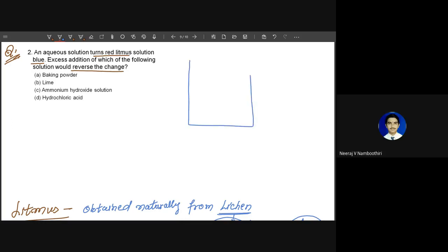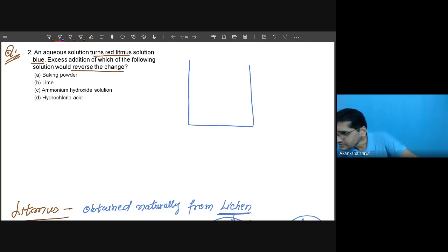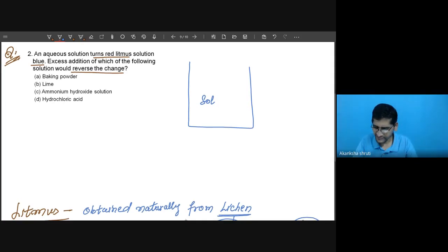An aqueous solution turns red litmus into blue. Very good. Let me explain for the other students. Aqueous solution. Whatever the solution is given, we do not know the name of this solution, and no need to worry about it.